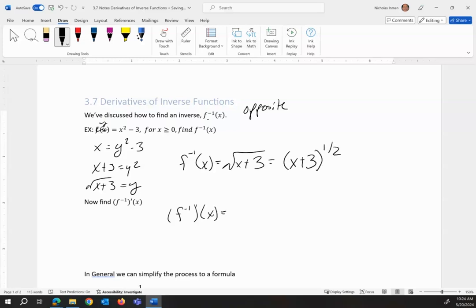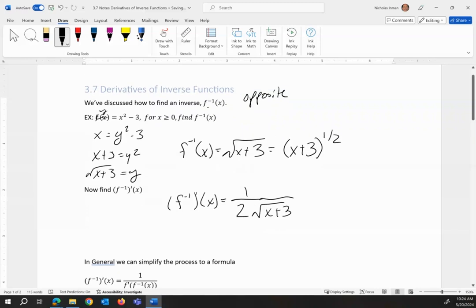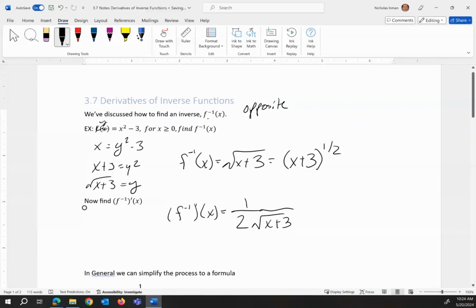The derivative of that would be 1/2, 1 over, so I'm going to take away 1 from this, so it's going to be negative, and it's a square root. So we have 1 over 2 square root of x plus 3. So we have the derivative of our inverse function.